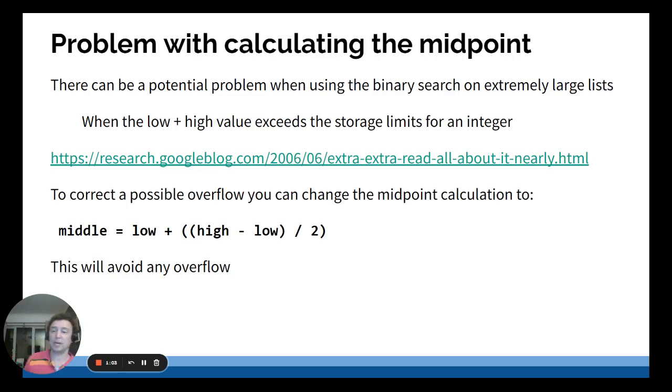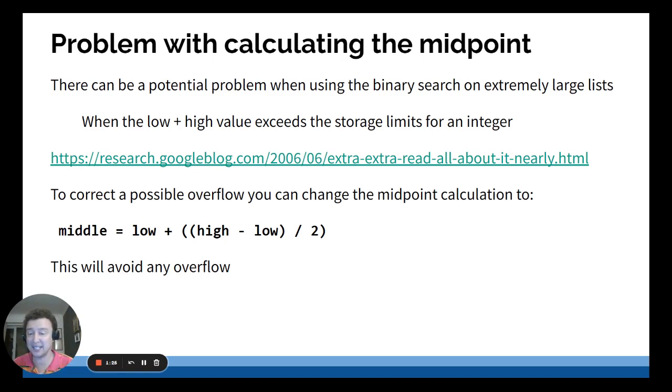There is a problem though, and the problem is when you've got really large arrays, okay? If you take the low and the high values and they can exceed the storage limit for an integer, then it's going to cause something called an overflow, and this will crash your program and possibly your computer as well. So there's a slight adaptation to the midpoint calculation.